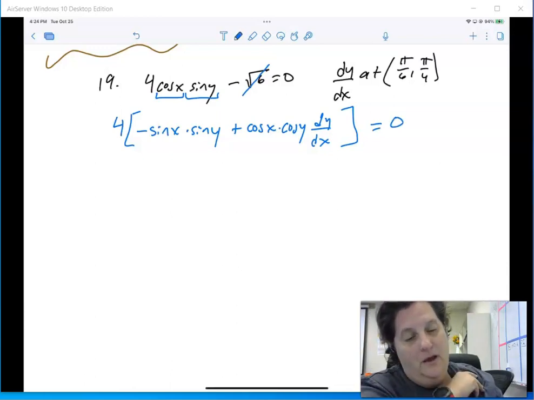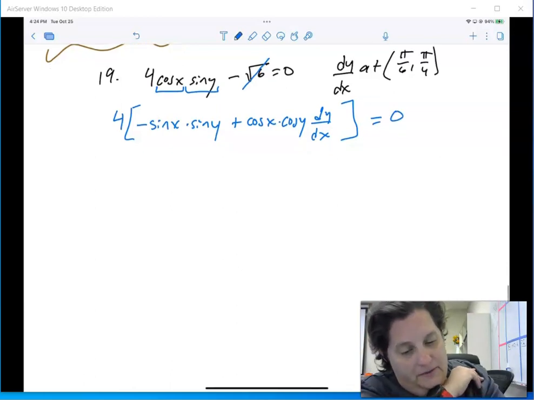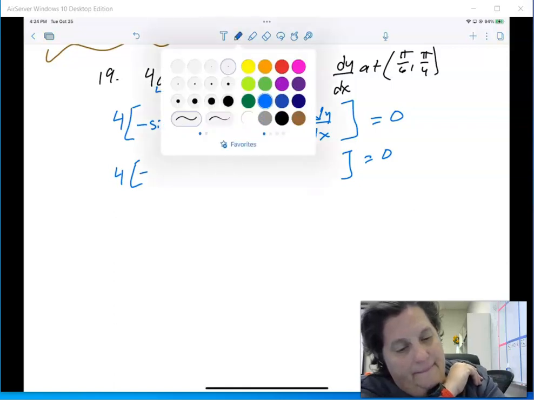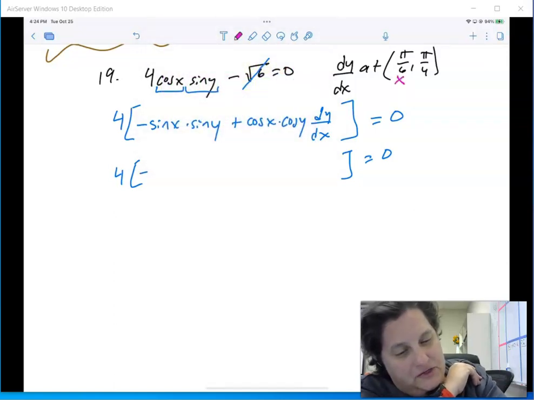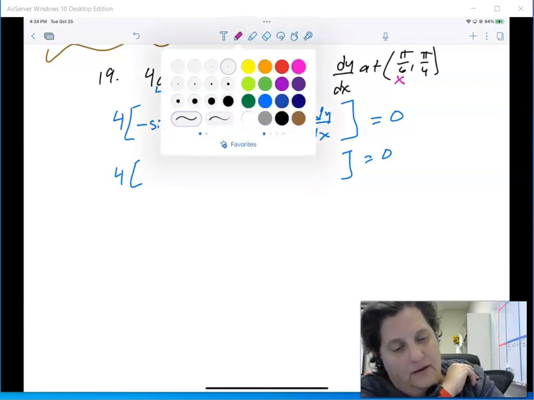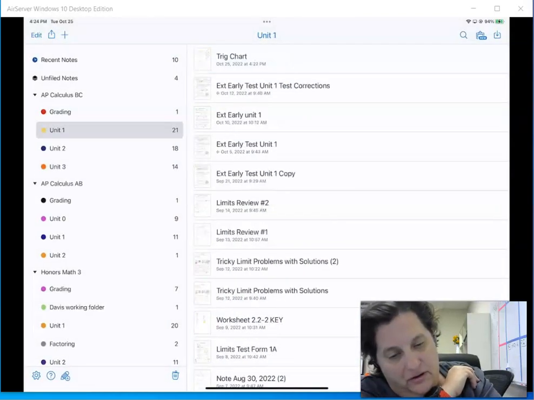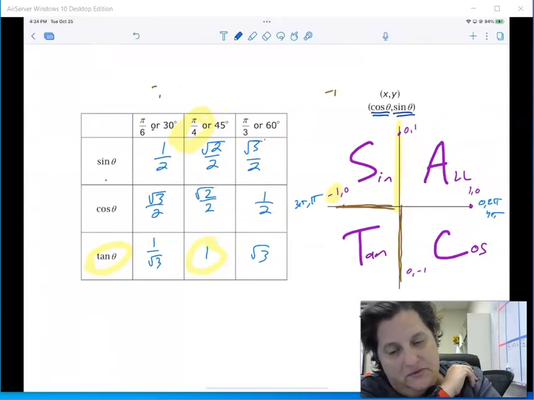Okay? I'm going to go ahead and plug all this stuff in right now because I think that sounds so fun. All right. Actually, let me do it like this. This is the x coordinate. The sine of pi over 6, if I go look at my chart, is 1/2.